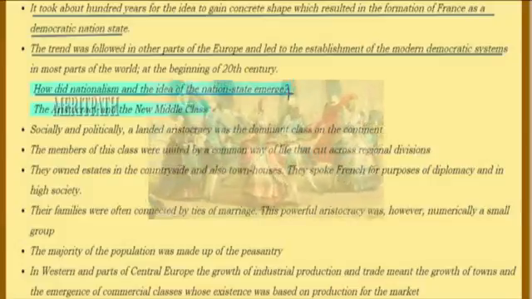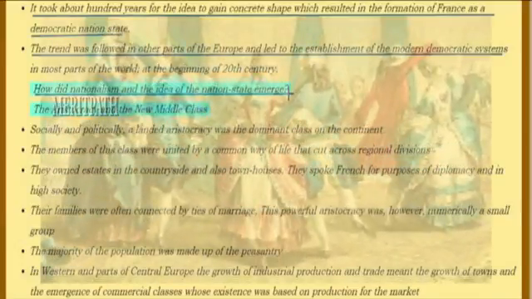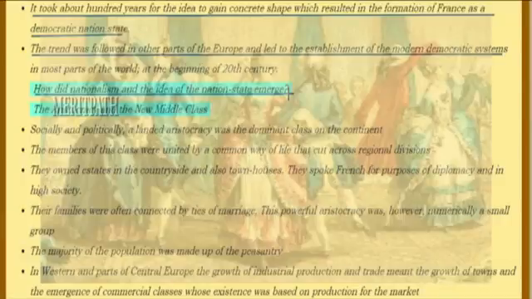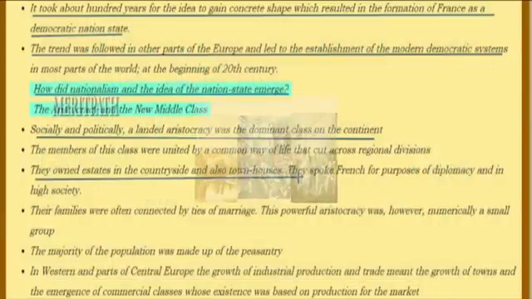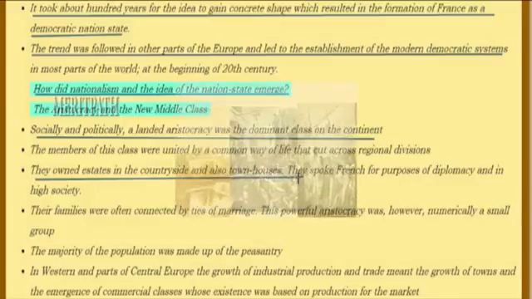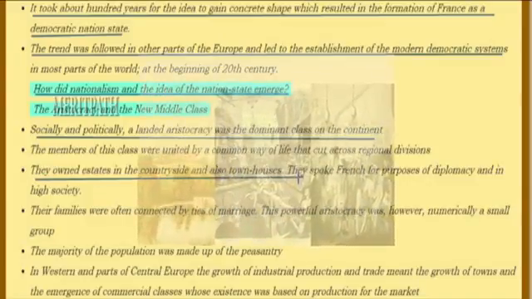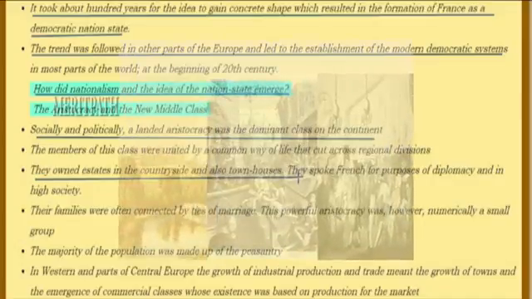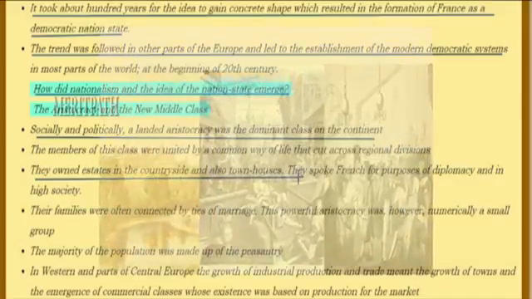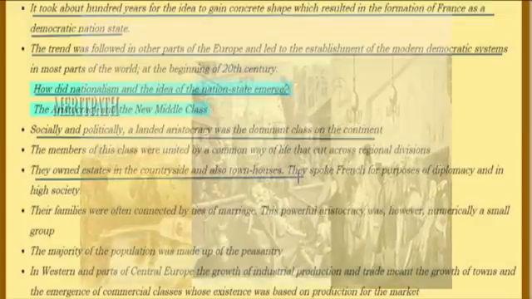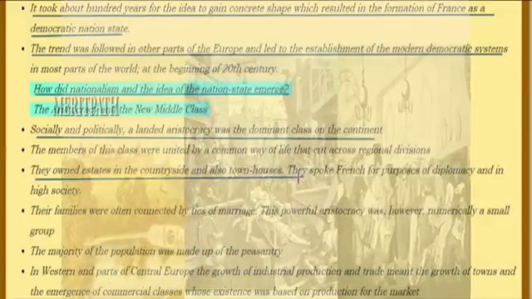Nationalism and the idea of the nation-state emerged among the aristocracy and the new middle class. Socially and politically, a landed aristocracy was the dominant class on the continent. The members of this class were united by a common way of life that cut across regional divisions.